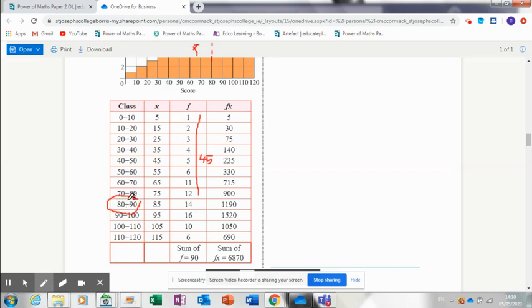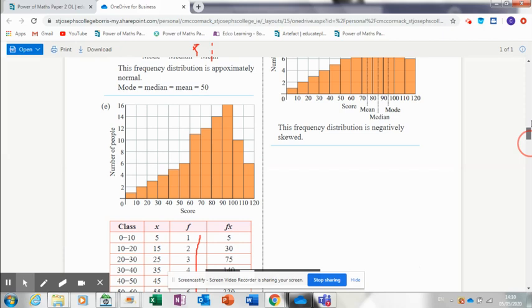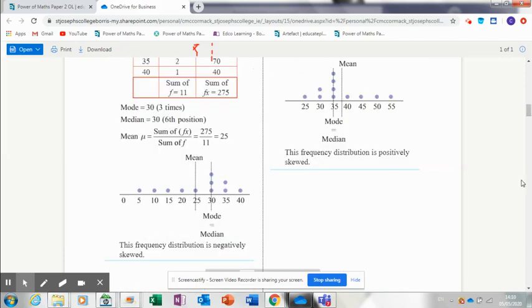So it'll be very close to 80 actually, closer to 80 than 90. Okay, so that's going to be my median. My mean is less than that, and my mode is greater than it. So I fill them in.